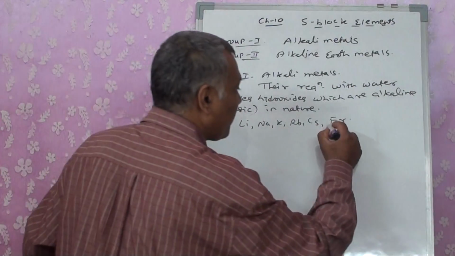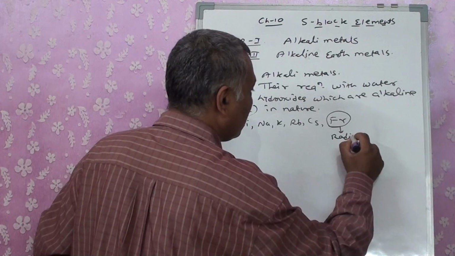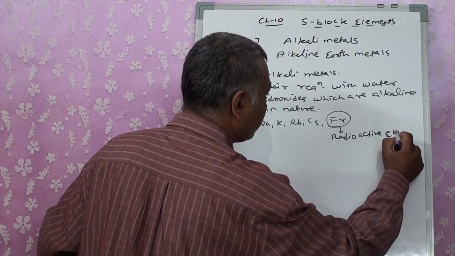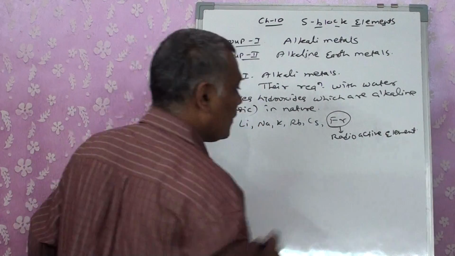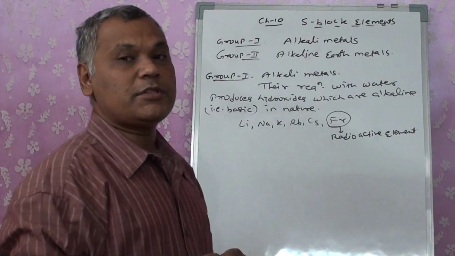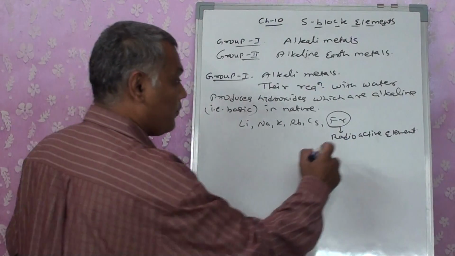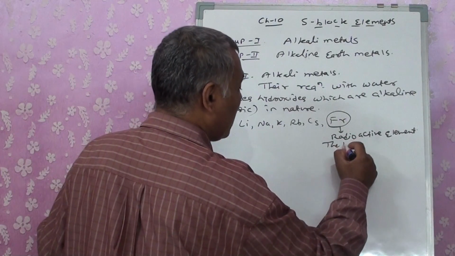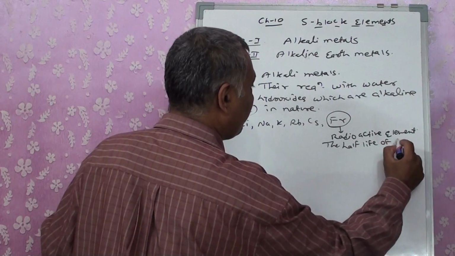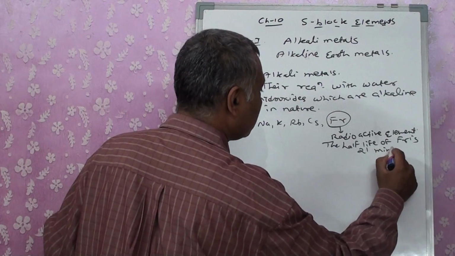Out of these, francium is a radioactive, highly reactive element. It decomposes itself very easily. Particularly, the half-life of francium is 21 minutes.